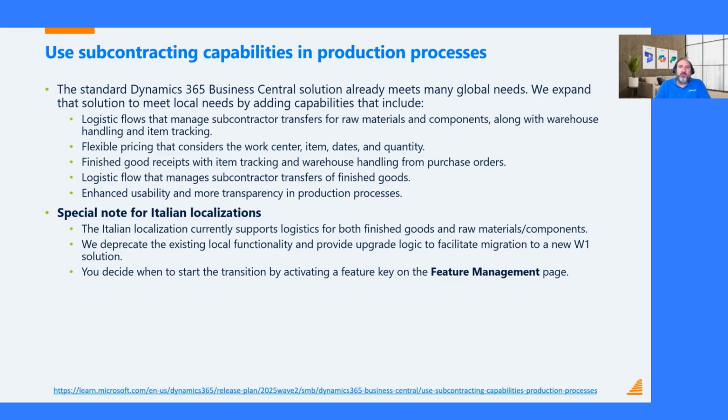They'll do some other process with it, and when they're done, they'll send it back to me. But sometimes I need to pick certain items out of the warehouse to send. Sometimes I'll have to take the sub-assembly that I'm using and send that out, and then I need to have a receipt process to receive that back into my warehouse. Now, traditionally with subcontracting, a lot of that wasn't possible. This change makes it possible now.